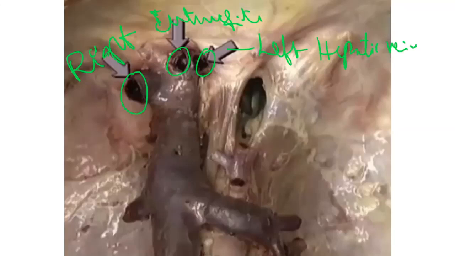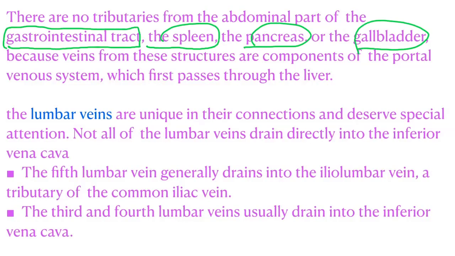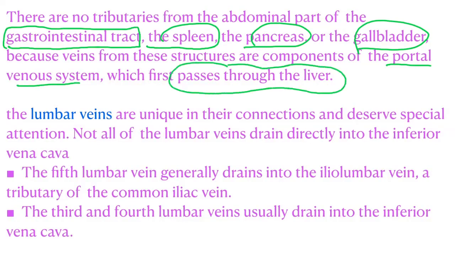There are no tributaries from the abdominal part of the gastrointestinal tract, the spleen, pancreas, or gallbladder, because veins from these structures are components of the portal venous system, which first passes through the liver and then empties into the inferior vena cava through the hepatic veins, right?